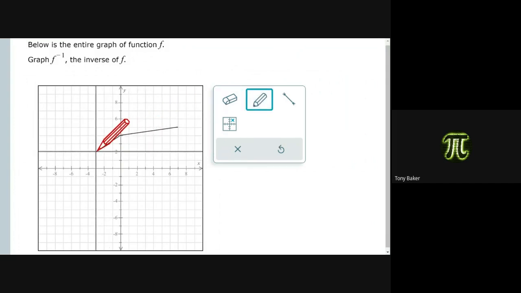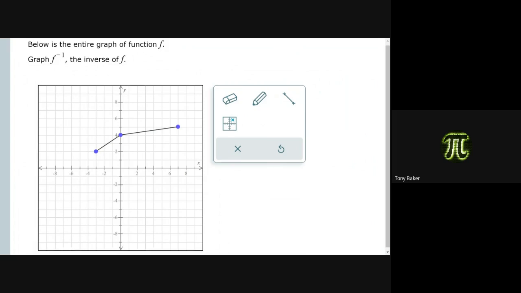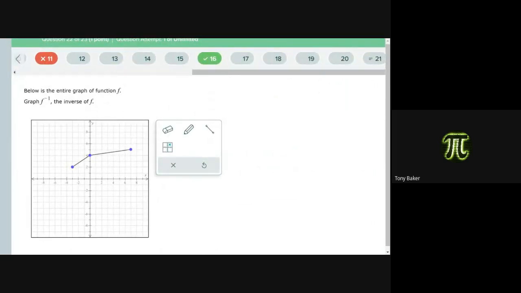So this question asks you to find the inverse of the graph. The first thing I would do is identify the points where things change. So I just put my pencil and clicked on the points that were there.